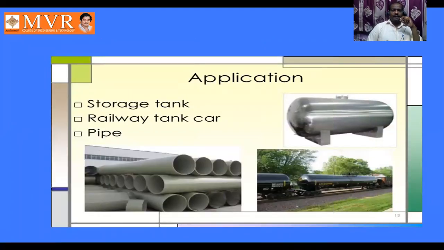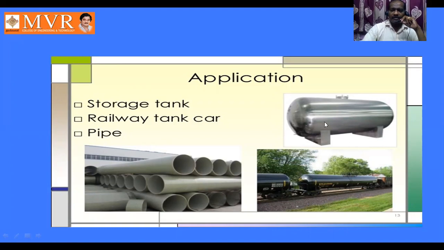Coming to applications, I already told one application. On a pipe, or in between pipes, we can go for filament winding. Storage tanks, railway tank cars, and pipes are examples.